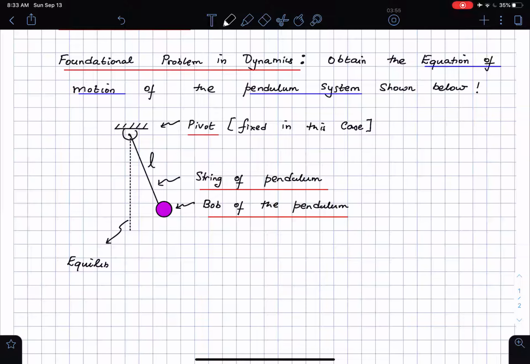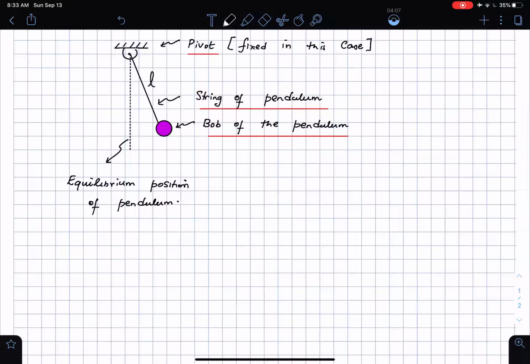And then the pendulum has been disturbed from its equilibrium position by means of maybe an initial displacement or an initial velocity, and we'll talk about these in greater detail.